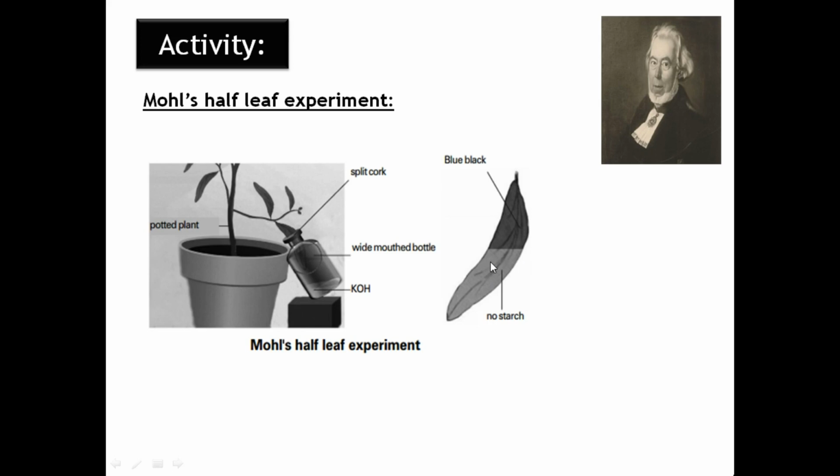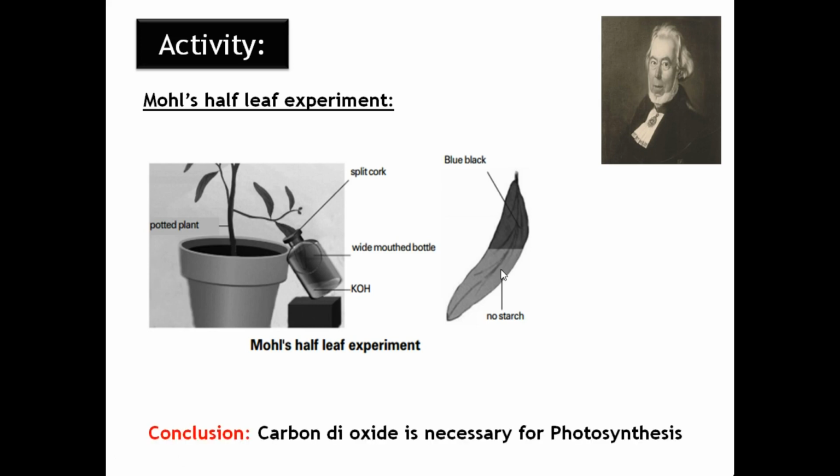Though chlorophyll, water and sunlight are available, due to the absence of carbon dioxide, photosynthesis does not take place in the part of the leaf which is kept inside the bottle. Hence, it is proved that carbon dioxide is required. Now, let us see a video regarding this experiment.